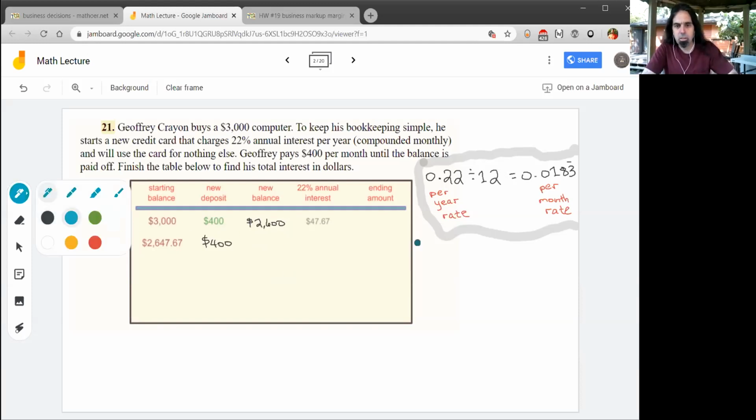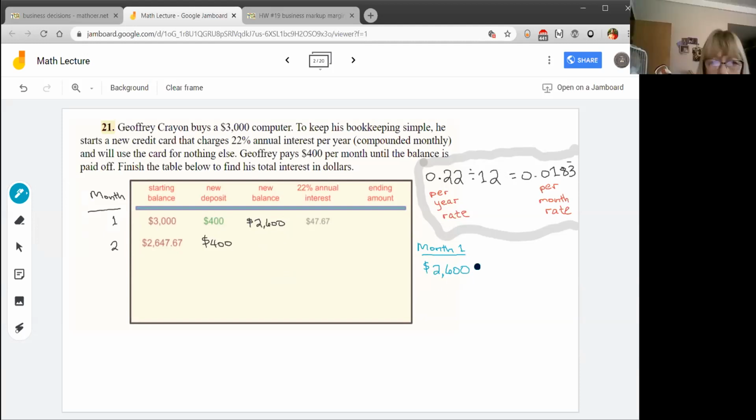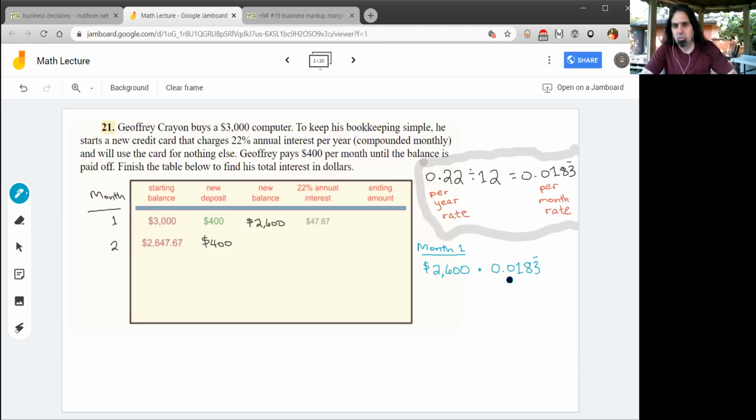So for month one, we're going to take the $2,600 and do what with it? Times it by the 1 point... Yeah. There's no 1+ trick. We're just multiplying by that.